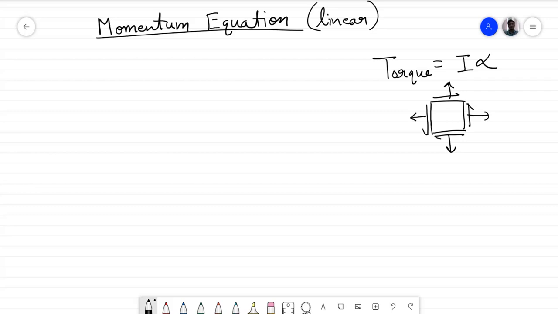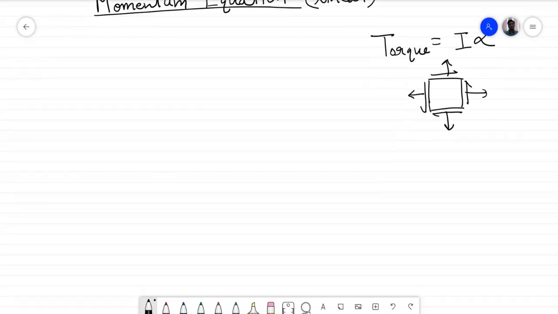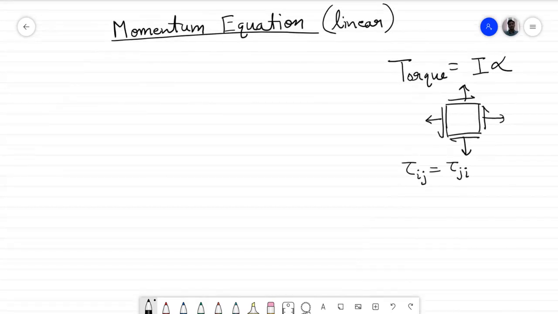Now what you get from there is a relationship between the shear stresses, and the relationship that you get is tau ij is equal to tau ji, where i and j are different indices for the stresses in different directions.